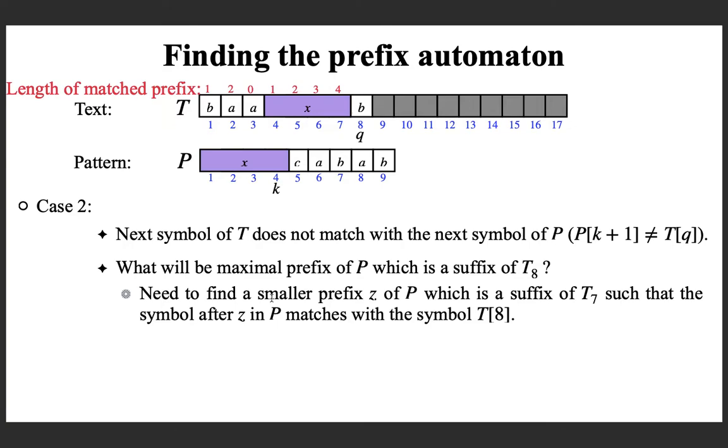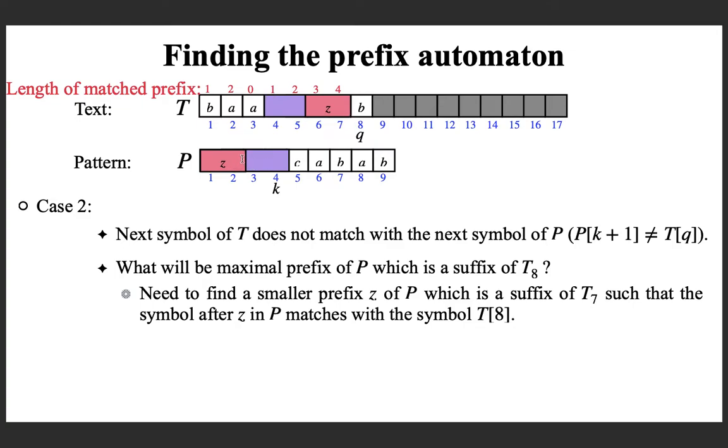For that we need to find a smaller prefix, say Z, of P. It is not X, X is not the required one, because when you extend X with the C, you are not getting a matching with a suffix. So it should be a proper prefix of X, which is also a suffix of T7. In the previous stage, what is the next lesser prefix of X, which is also a suffix? This is what we are looking at. Now suppose you can find the proper prefix of Pk, call it Z, which is also a suffix of T7.